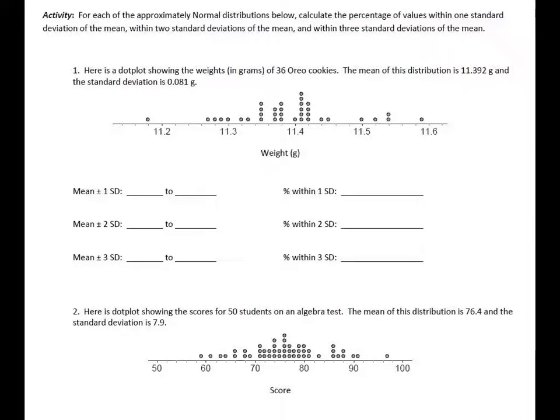So to get you started, the mean is 11.392 grams. This thing. So let's trace that over here. So 11.392. I think it would be, use dots, right here, about right there. So this could be our mean.